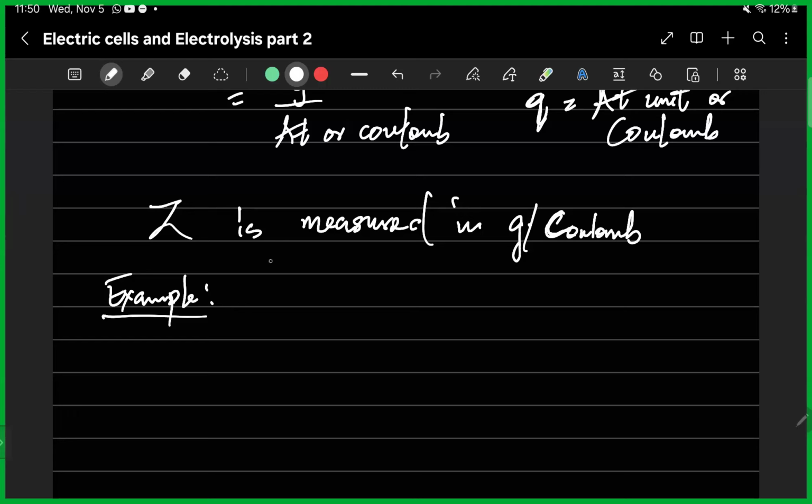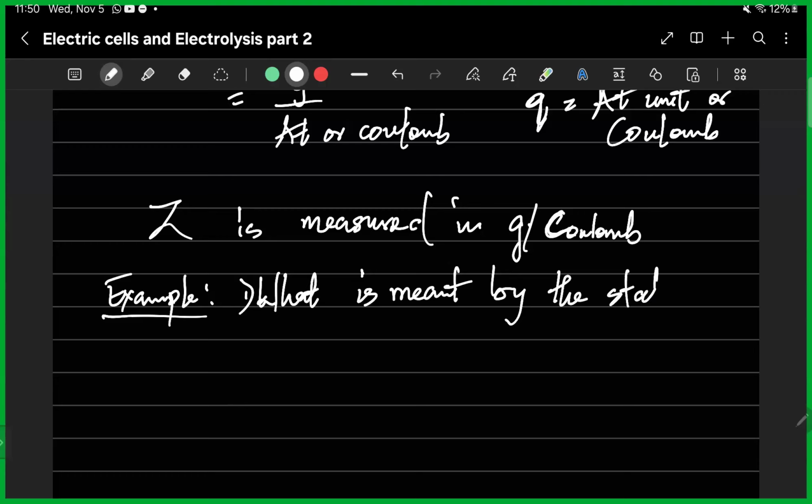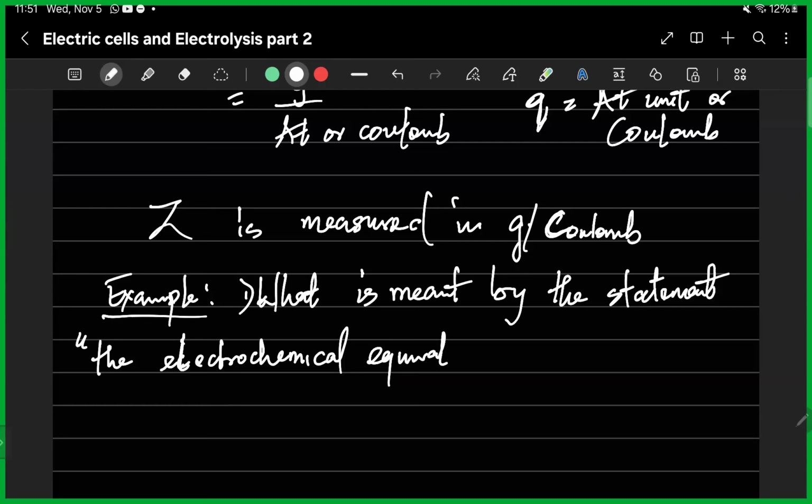The question says, number one, what is meant by the statement: the electrochemical equivalent of copper is 0.00033 gram per coulomb?